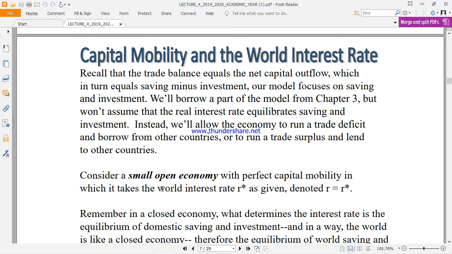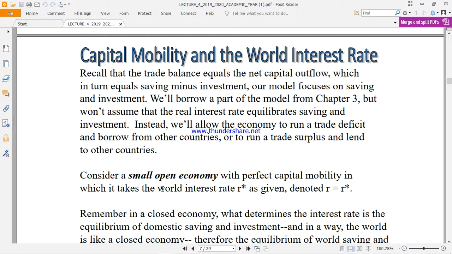Mind you, we are trying to understand the connection between capital mobility and the world rate of interest. For us to understand this connection, we are first going to analyze it from the trade deficit point of view, where we allow our country to borrow from other countries.